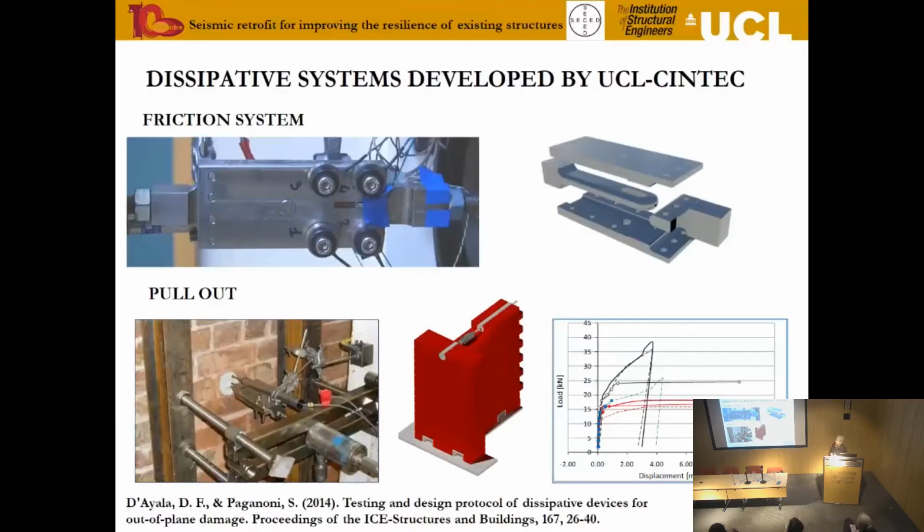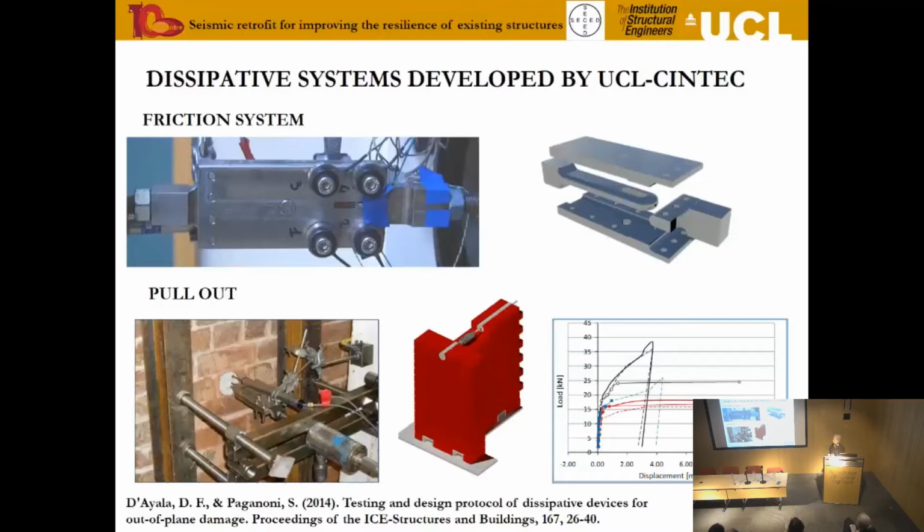One of the problems that we have with all these types of interventions is that they are all aimed at increasing strength rather than increasing ductility, or the anchors do improve the ductility a little bit, but certainly they don't improve the level of dissipation unless the walls start rocking and the anchors start yielding.